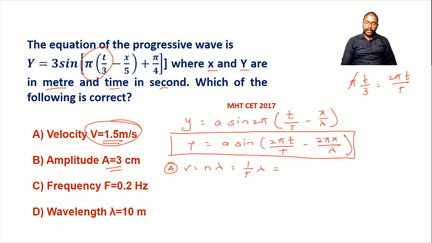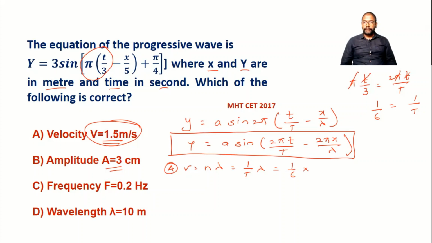Then pi gets cancelled, t gets cancelled. Then 1 by T goes to this side, 2 is shifted to this side, where it is multiplied, divided by. So it is 1 by 6. So 1 by 6 is 1 by T. So the frequency is 1 by 6, and velocity is 1 by T into wavelength.